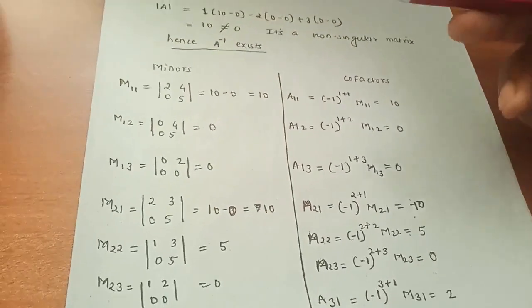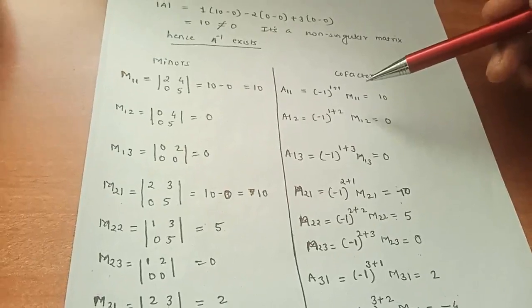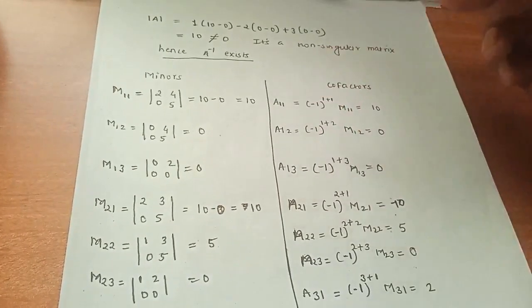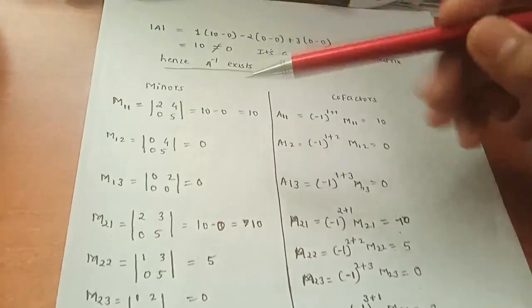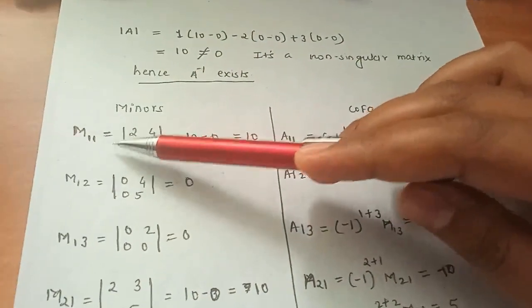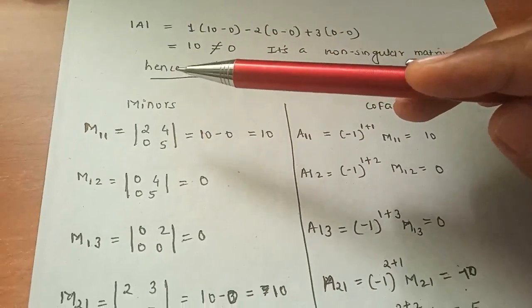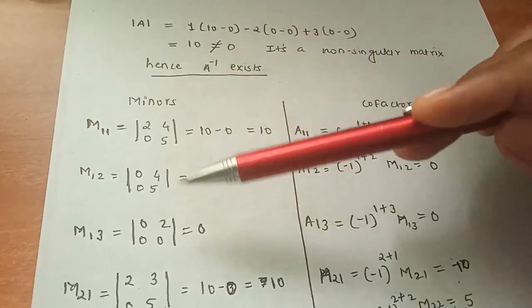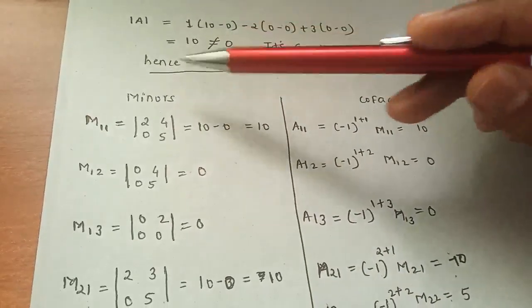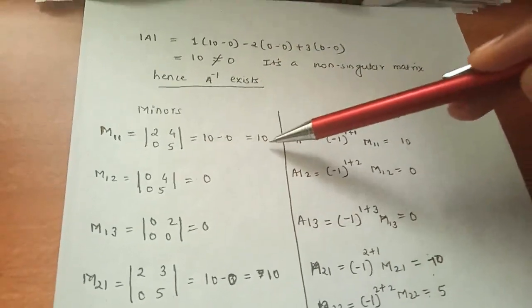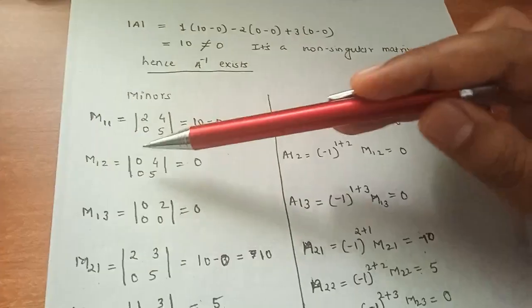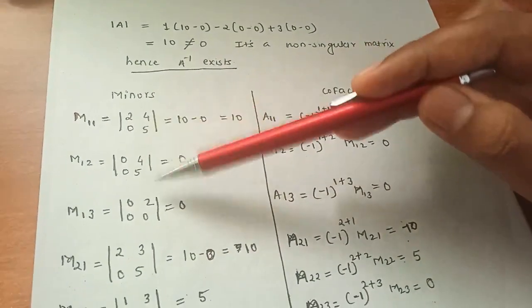Now the next step is to find the minors and cofactors. As I explained in the last slide, we have to find the minor of each element. For the minor of the first element, M11, we leave the first row and first column. The remaining elements are 2, 4, 0 and 5. Expand it: 10 minus 0 is 10. Similarly for M12, leave the first row and the second column.